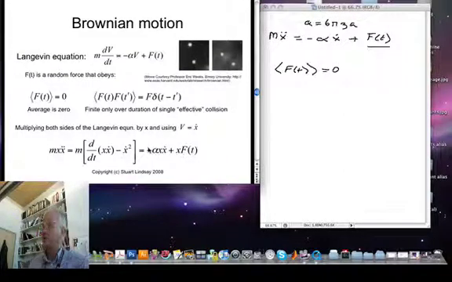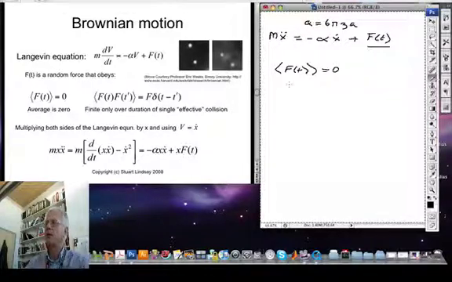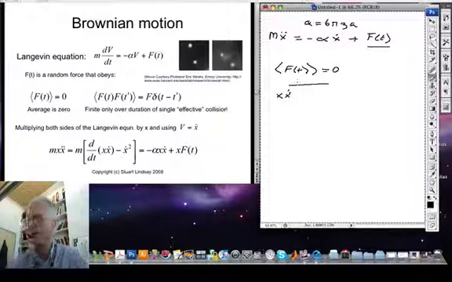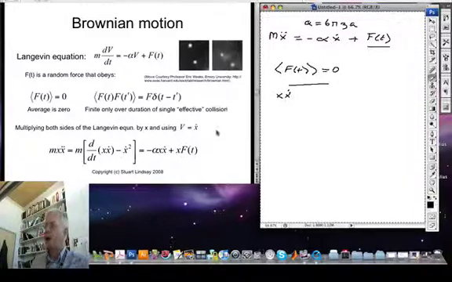So to go ahead and solve this equation, we need to change variables, and it's convenient to set up the equation in terms of this compound variable x x dot, and we can do that by multiplying the whole equation by x. One other trick we have done here is to write out the mass times the acceleration times x in the following way.